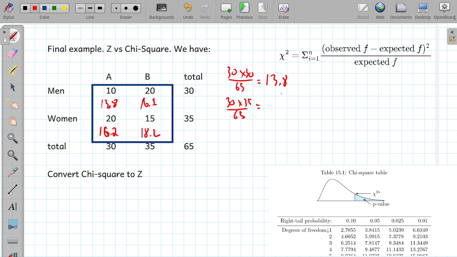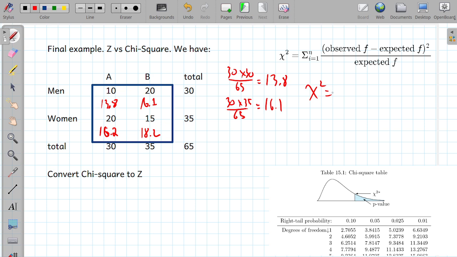So this was 16.1. Now, what is chi-square? So chi-square, quickly, is going to be 3.8 squared divided by 13.8. And then we're going to have another 3.8 squared, this time divided by 16.2.